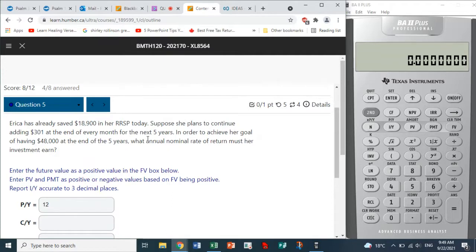What nominal rate of return must her investment earn? Her goal is at the end of 5 years, contributing at the end of every month. So 5 years would be 5 times 12, which gives us 60.